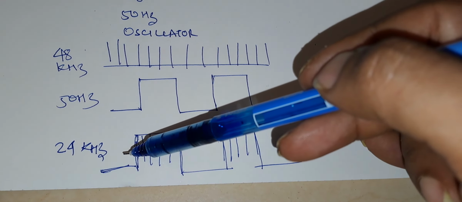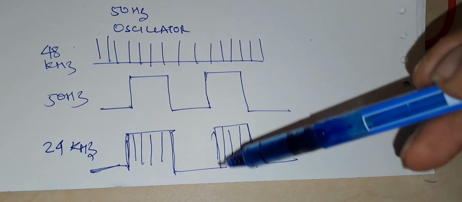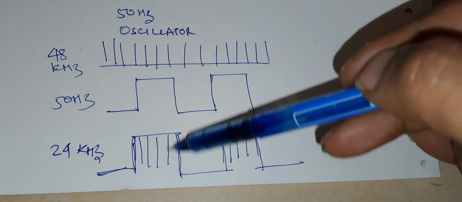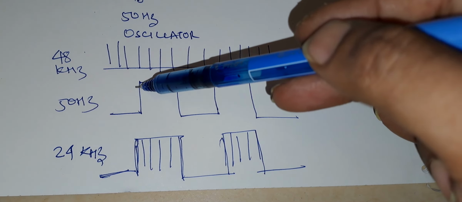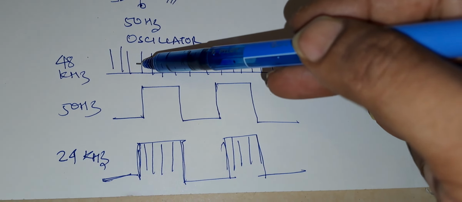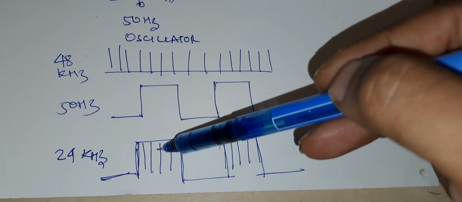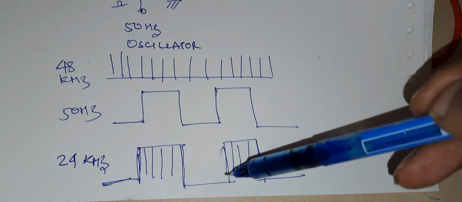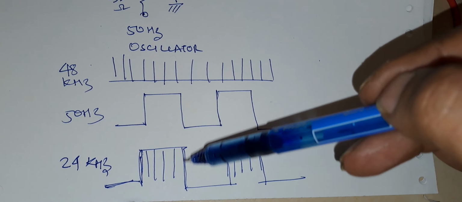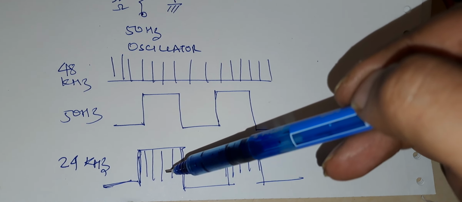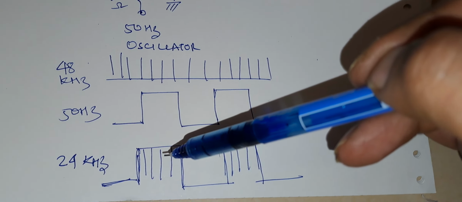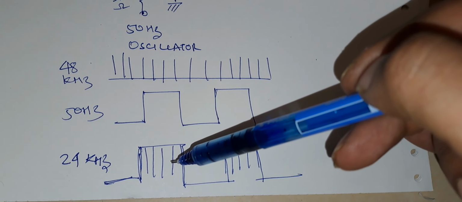The frequency will be divided by 2 in this waveform. As you can see here, wherever there is the square wave, at that point only I am having 48 kHz encapsulated with the square wave. So this is the final modulated signal. This modulated signal is fed to the IGBT as well as to the transformer.